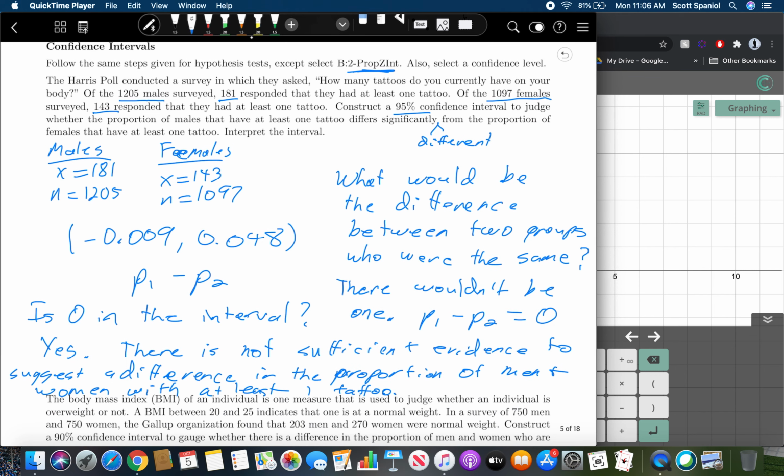Okay, so because 0 is in this interval, the evidence is suggesting that there is not a difference. There is not sufficient evidence to say there is a difference. If 0 wasn't in the interval, then we could say there is sufficient evidence to suggest there is a difference.